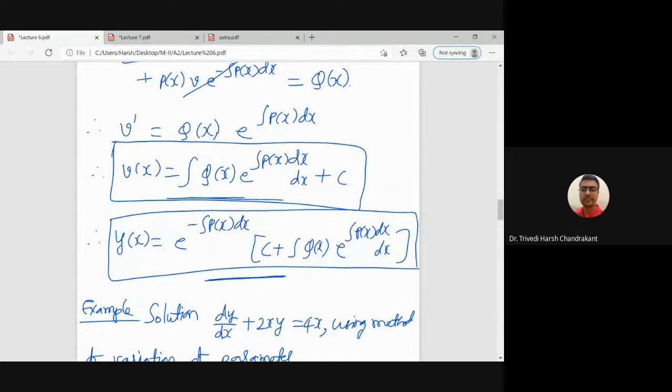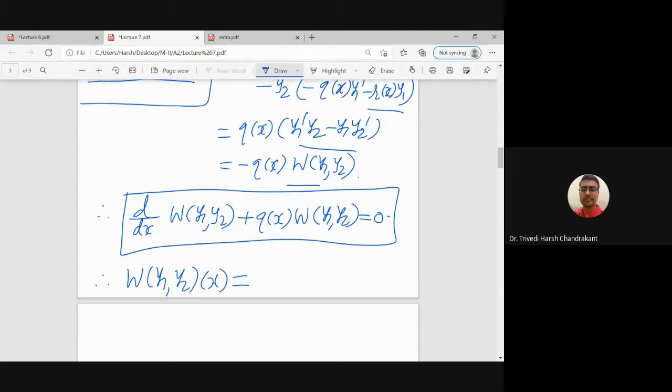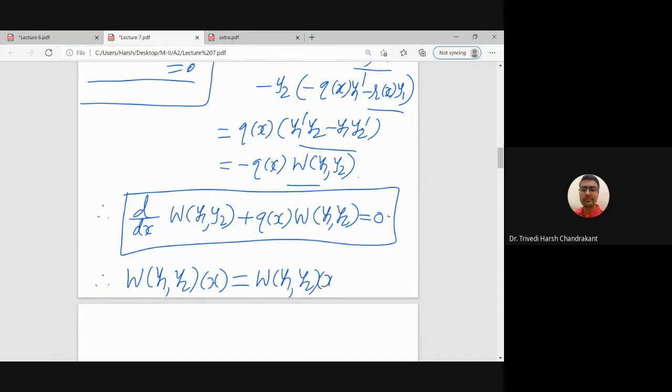This part is 0, so essentially we'll get a constant times this one, which is the solution of the homogeneous equation. So the Wronskian, which is a solution of this first order linear differential equation, is constant times e power minus integral of qs ds.